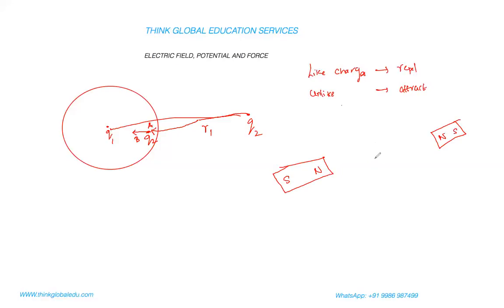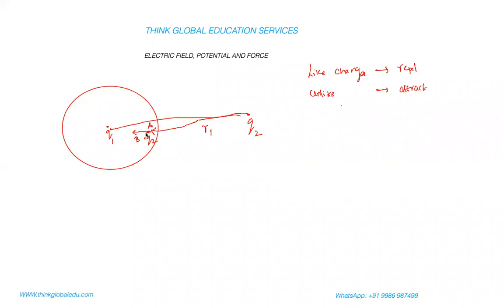When they are separated by 1 meter, there is no force between them. If I bring this magnet nearer, bringing North and North Pole together, I can expect a force of repulsion. Likewise, here is a region around the charge.